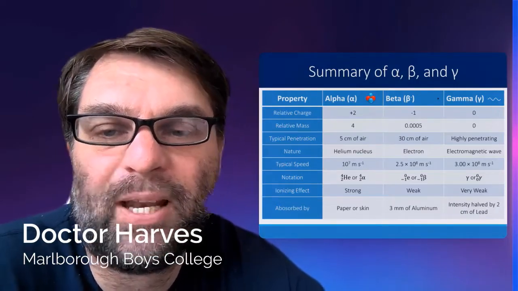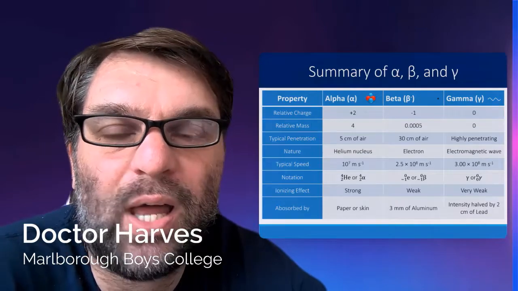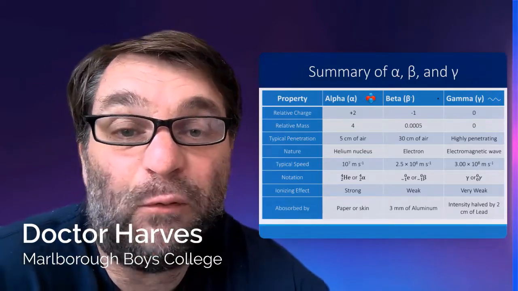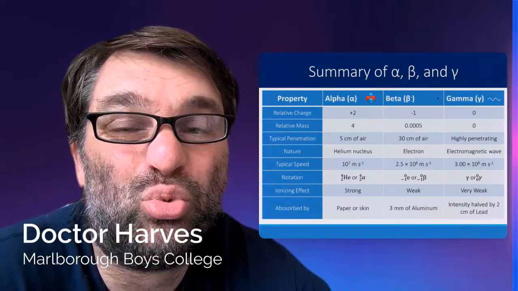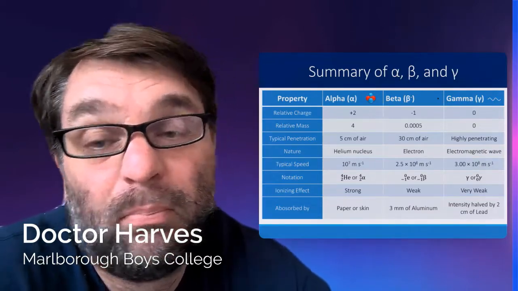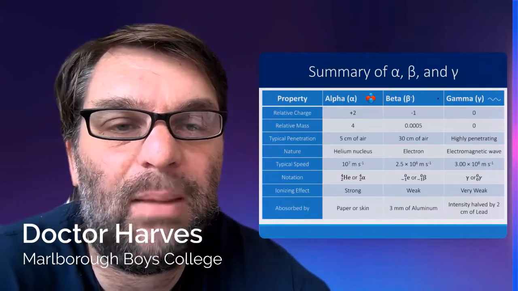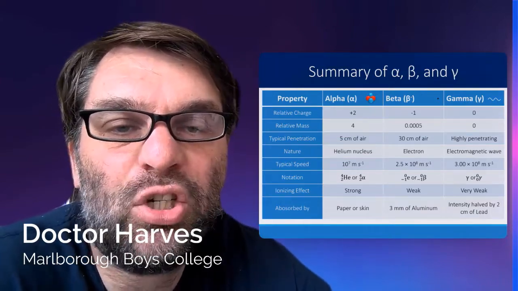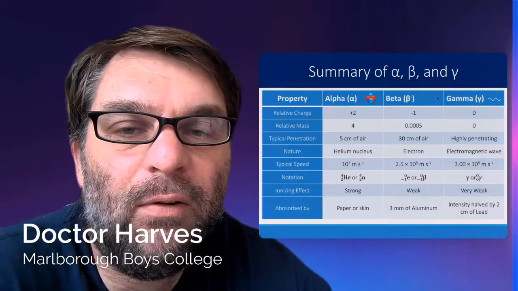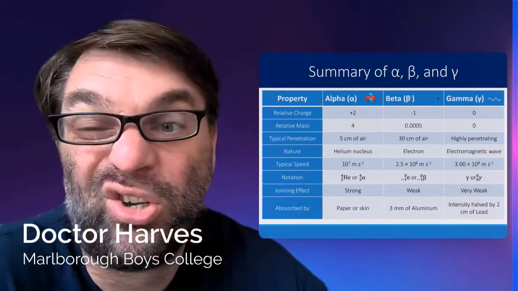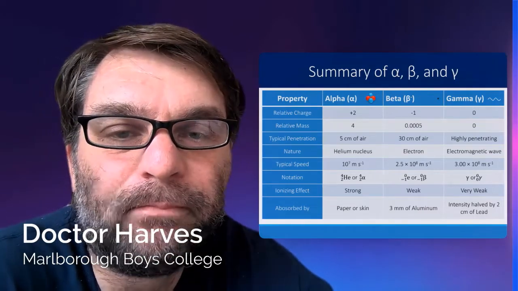So that is a summary of alpha, beta, and gamma radiation. Alpha particle has a +2 charge, beta -1, gamma has no charge. Alpha particle has a mass of 4, the heaviest; beta particle is really light, and a gamma ray is not a particle, so it has no mass. Penetration is about 5 centimeters in air for alpha, 30 for beta, and gamma goes straight through air and has to be stopped by lead.